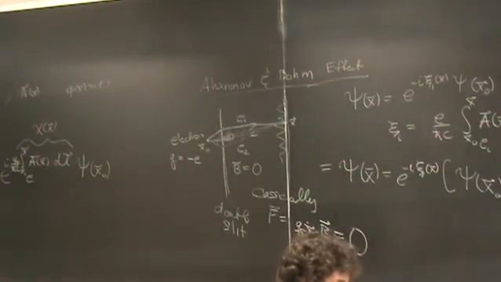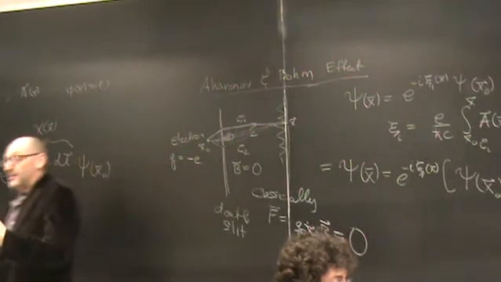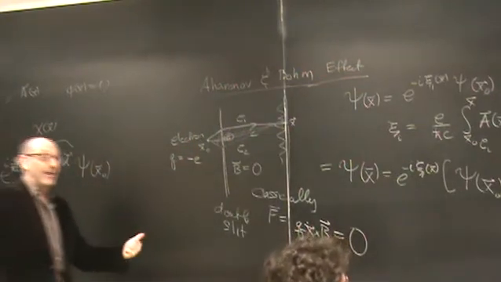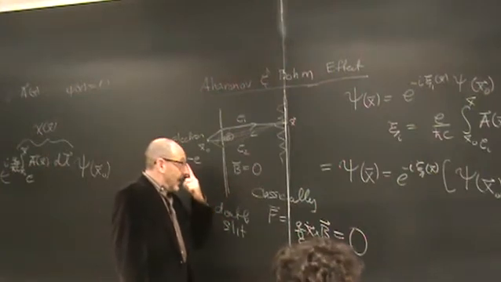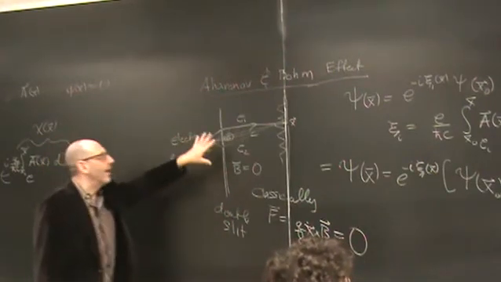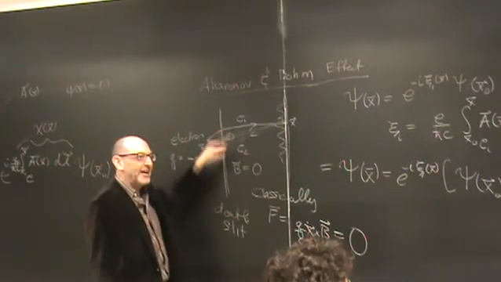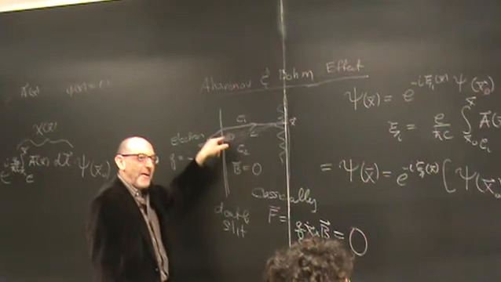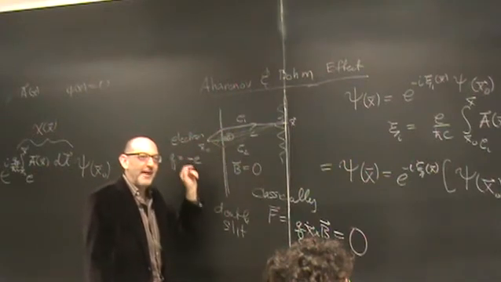The vector potential is non-zero outside, and it's the vector potential that affects where the electron is going to be found. Okay, that's a local interaction. Another way to say it is, well, no, quantum mechanics is in some sense non-local, and the electron knows about the existence of the B over there, even though it didn't go over there.